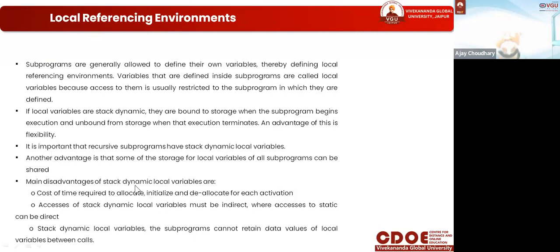The main disadvantage of stack dynamic local variables is the cost of the time required to allocate, initialize, and deallocate for each activation. When we write thousands of lines of code and compile, the recursive function follows bottom to top, like a stack. When we put books on a rack, we follow the stack procedure: we put books one by one, and if we want to access a book, we take it out from the last in.